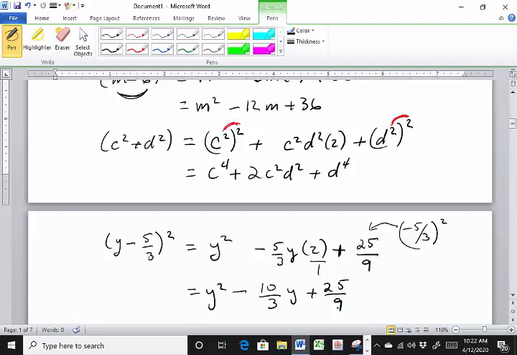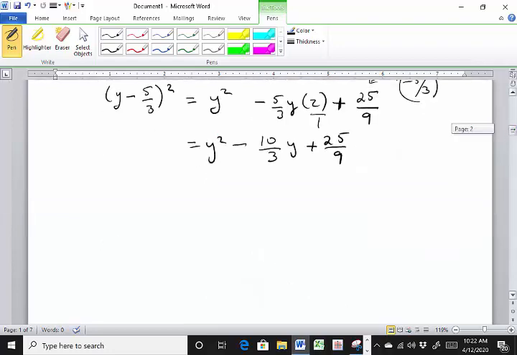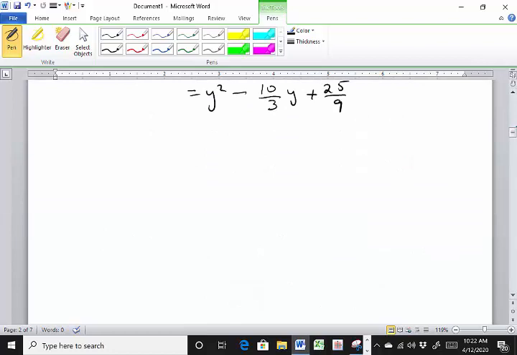Okay? All right. So that takes care of one of our special products, which is going to be just a binomial squared, right? Okay. Let's look at another special product, and that's going to be multiplying the sum and difference of two terms.